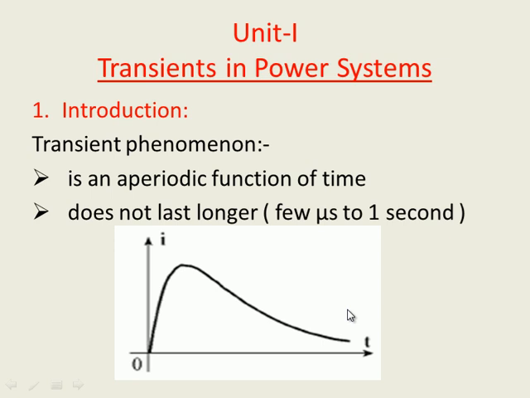Suppose you are switching on a fan or a bulb in the evening and it is going to last for 4 hours. If you compare this transient, which is only up to 1 second, it is very insignificant as compared to 4 hours of operating time of a bulb.